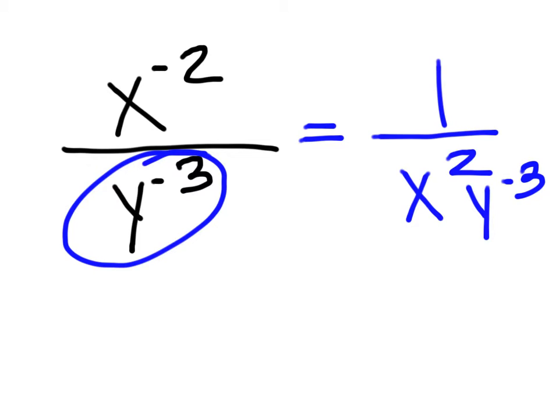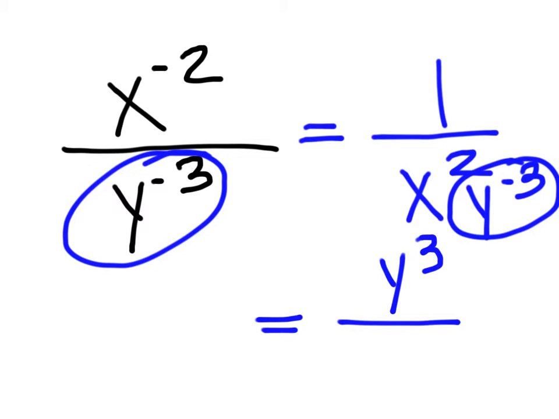But that leads into another one. This is a negative exponent. What happens when it was a negative exponent on the top? Where did it go? The bottom, and became positive. So what do you think happens when it's negative on the bottom? It goes to the top and becomes y to the third. So if you have both of them negative, top and bottom, then you just switch the places and make it positive.